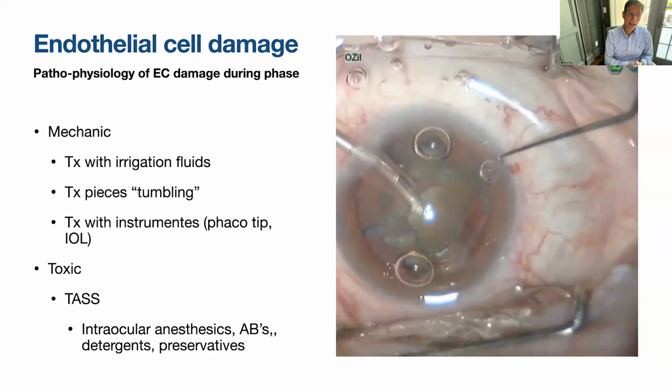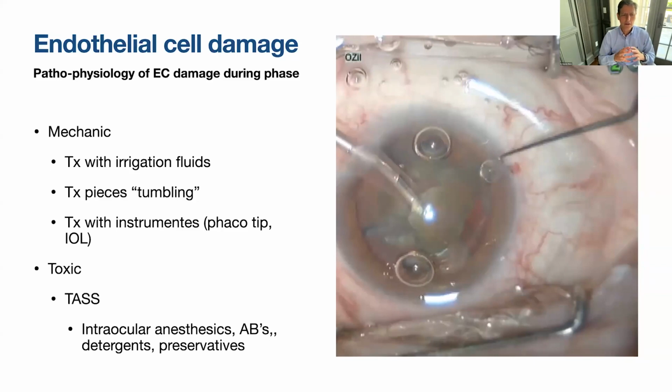And then there's toxic trauma, which is basically TASS. TASS, as you all know, is toxic anterior segment syndrome, and basically is a chemical injury to the endothelium and the iris.